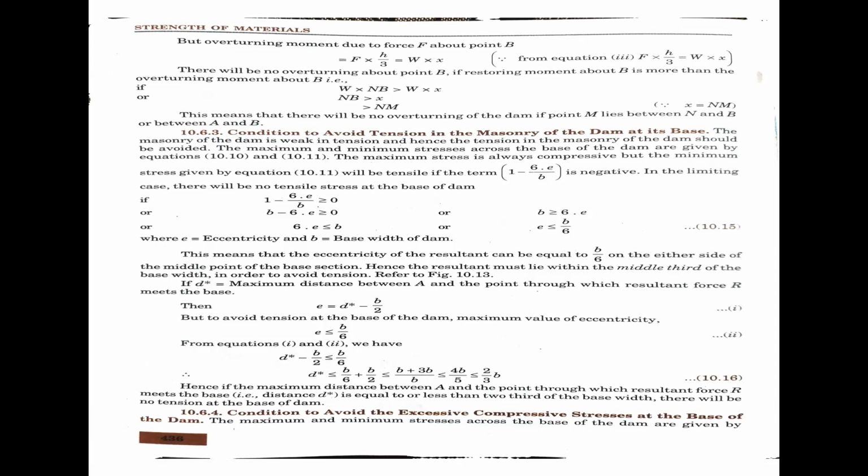This means that the eccentricity of the resultant can be up to B by 6 on either side of the middle point of the base section. Hence, the resultant must lie within the middle third of the base width. That is the main point: the middle third of the base width, in order to avoid tension.